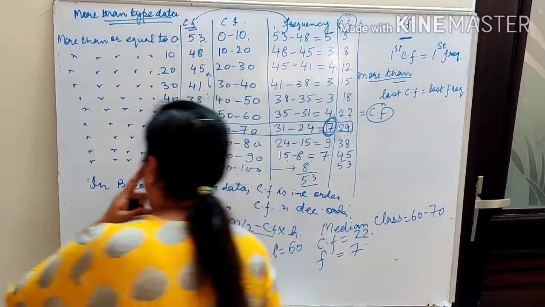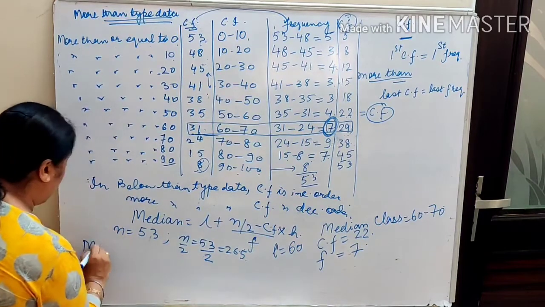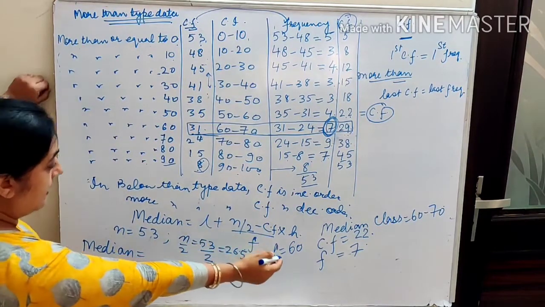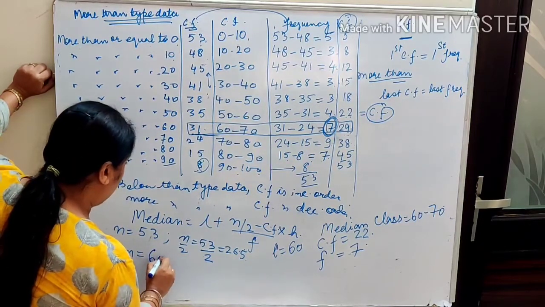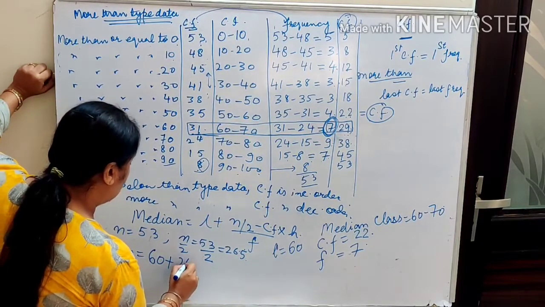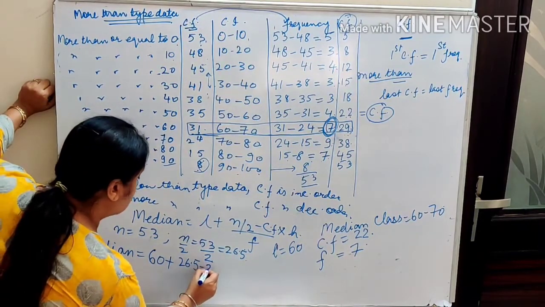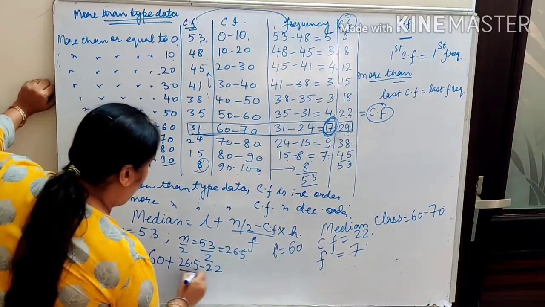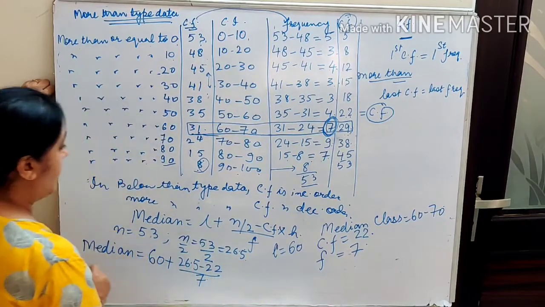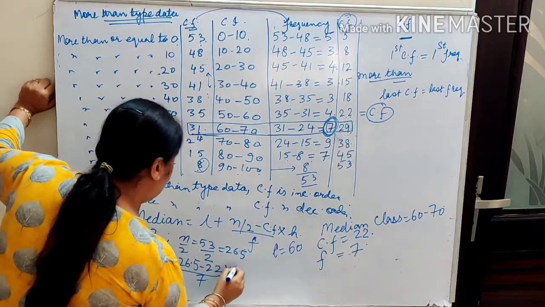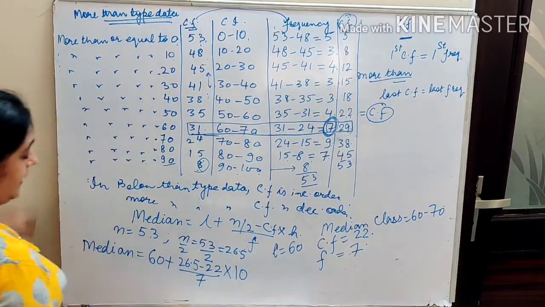Now do the calculation part. How will you find out median? Median comes out to be L. What is L here? L is 60. n by 2 is 26.5. What is the CF? CF is 22, upon 7. And what is the H here? H is the class size 10, right?